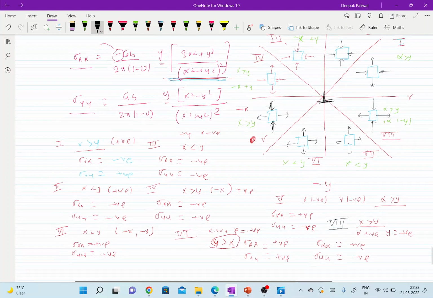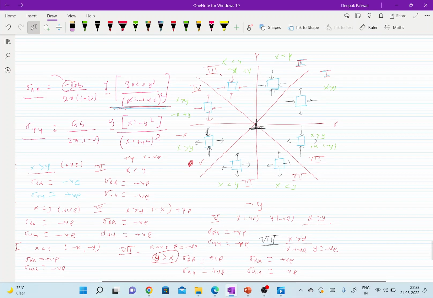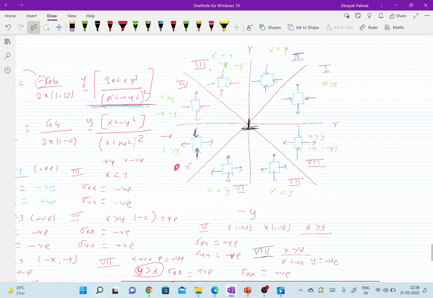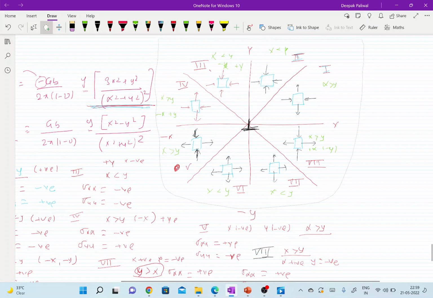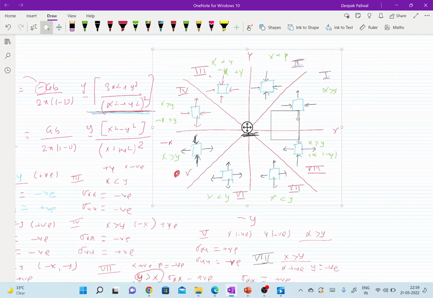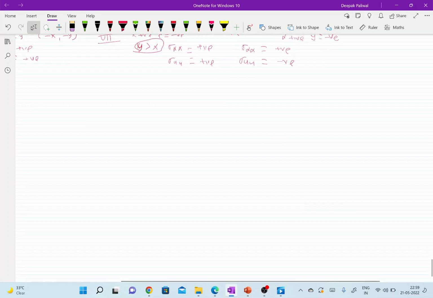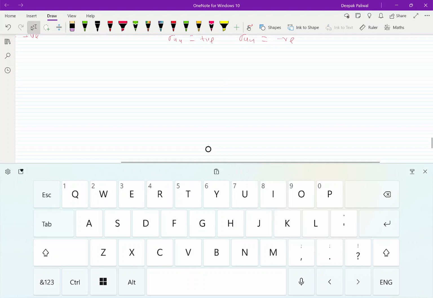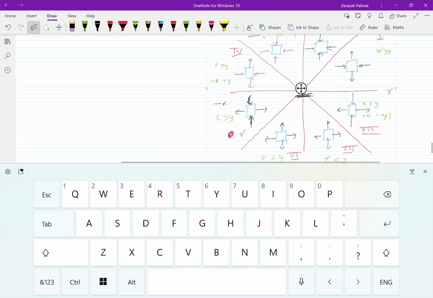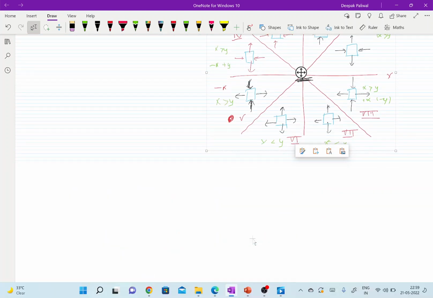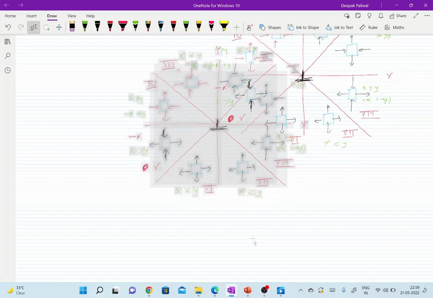So in this way, let me copy this figure from here, and paste it here.